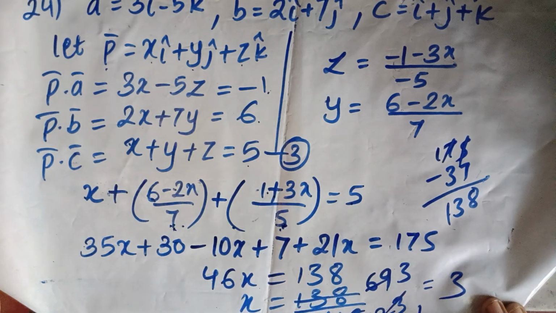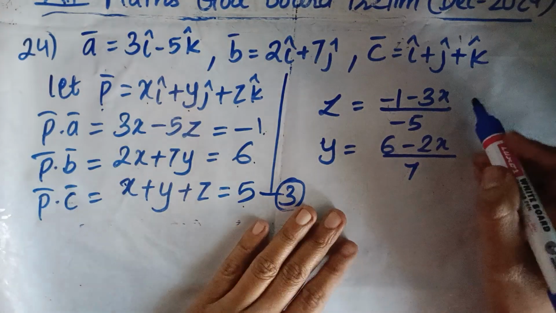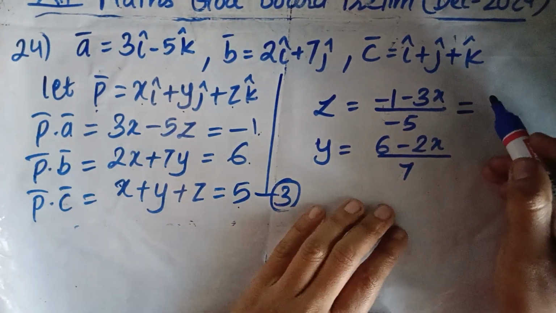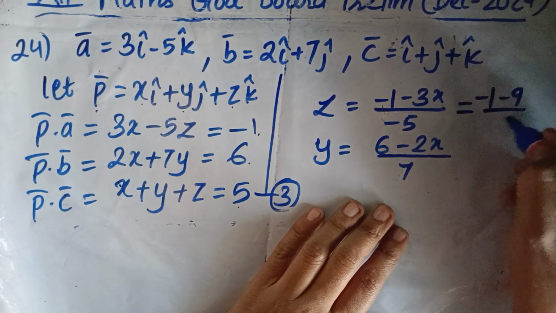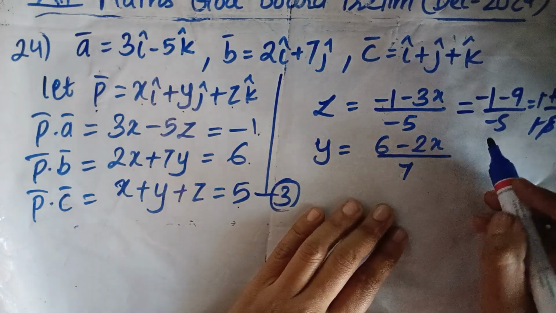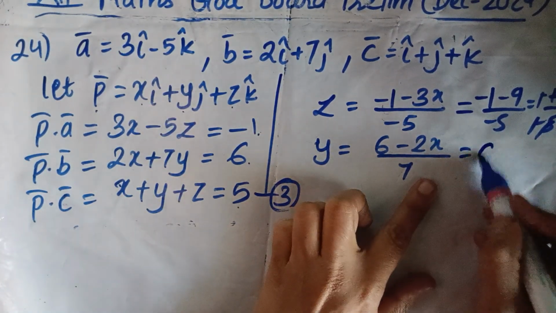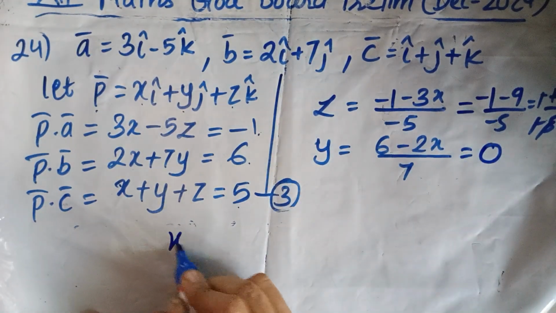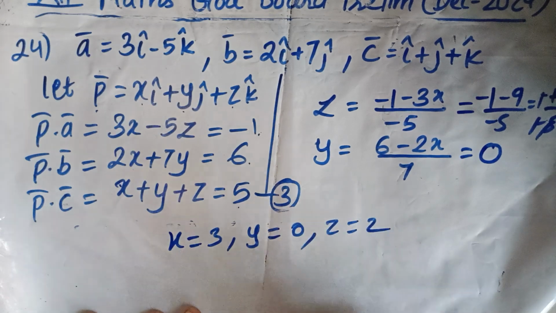So x is 3. Okay, x is 3, so put it in this equation for z. Minus 10 by minus 5, 2. Z is 2. Y is 6 minus 6, 0. Okay, X is 3, Y is 0, Z is 2.